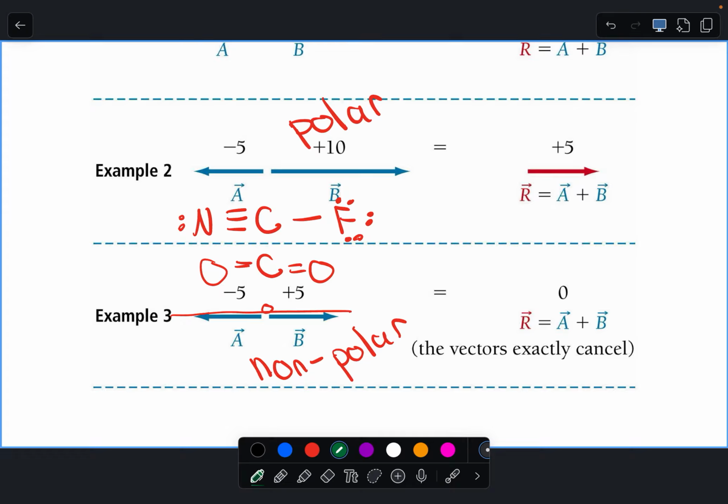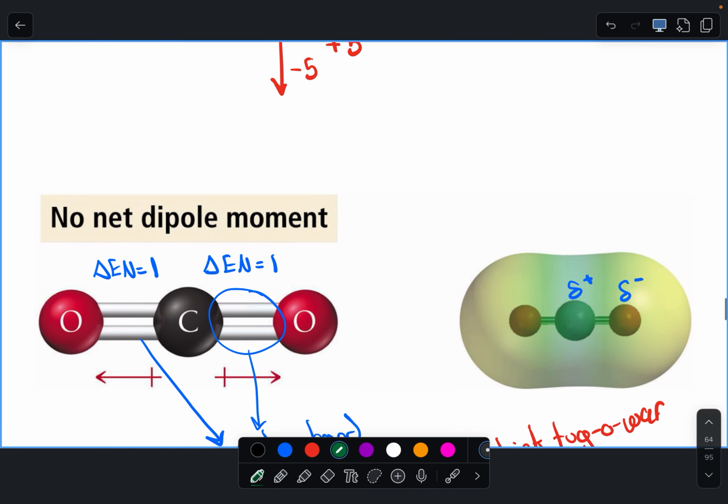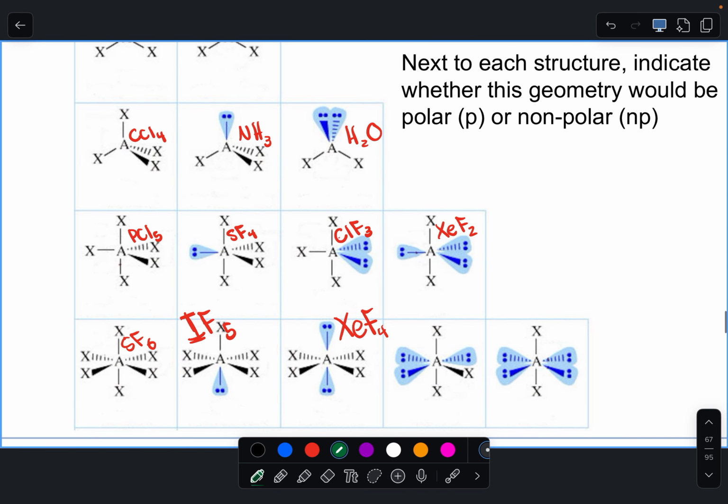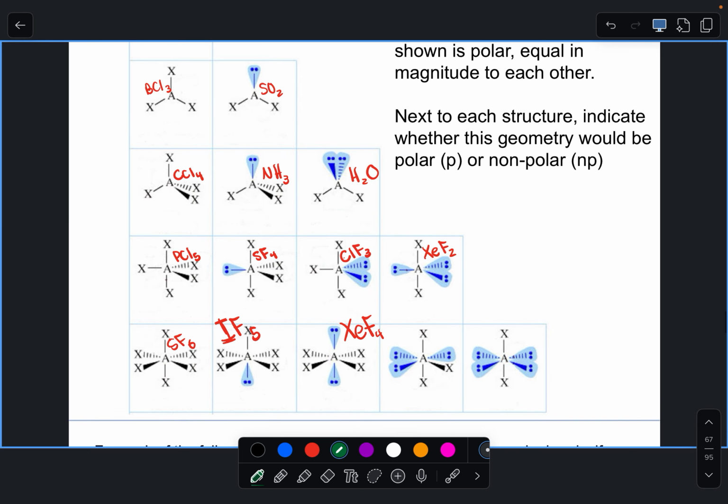If the external atoms are different, 95% of the time it's going to be polar. It would only not be as if they had exactly the same electronegativity. Okay? So being really clear that when we go through this chart, when it says X, A is the central atom and X is the exterior one, they're all X, right? They're all chlorines, or they're all fluorines, or they're all hydrogens. They're not different atoms, because that's going to change our answer.